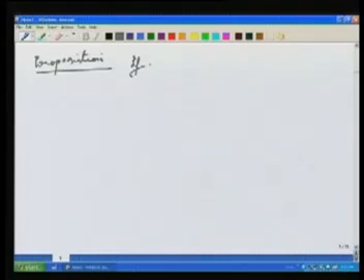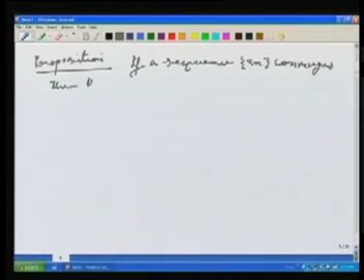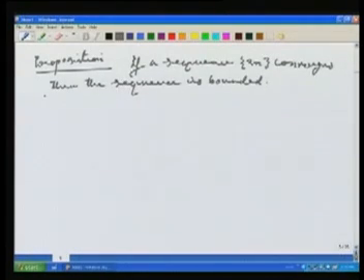If a sequence xn converges, then the sequence is bounded. Well, what does a bounded sequence mean?